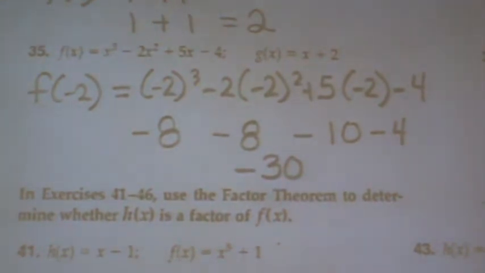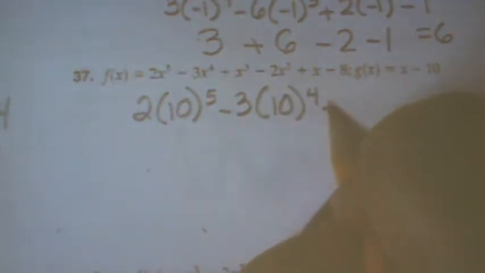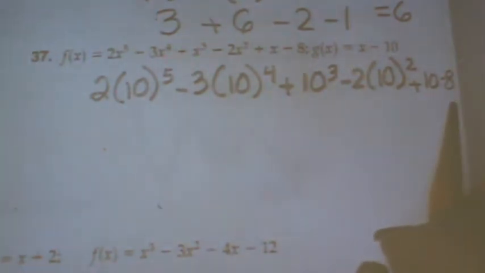Number 37 is going to be a good one. Why is it going to be a big one? Because it's 10. So you're going to do 2 times 10 to the 5th power minus 3 times 10 to the 4th power plus 10 to the 3rd power minus 2 times 10 squared plus 10 minus 8. 200,000.